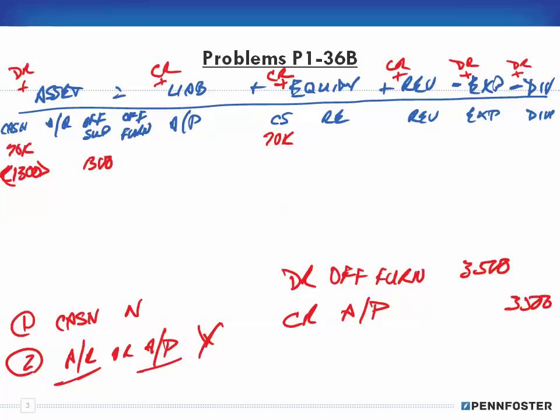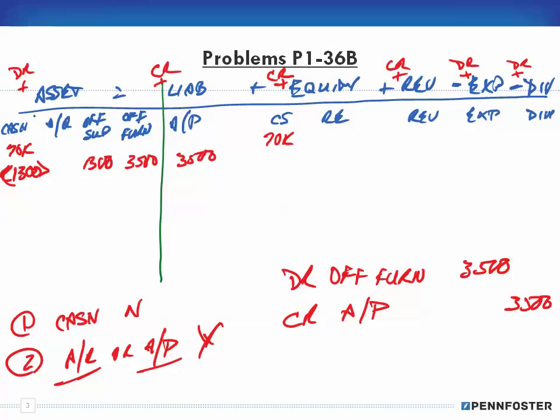Well, that's $3,500 for office furniture because it went from zero and increases to $3,500. And under liabilities, I had zero for accounts payable. Now I have $3,500. It increases to $3,500 for my accounts payable. I'm going to draw a line down here to try to separate my assets from my liabilities a little bit.